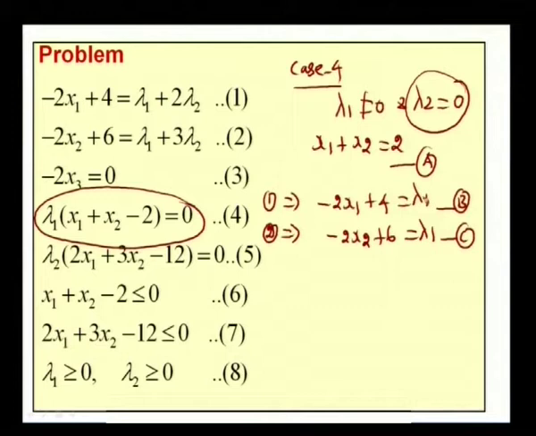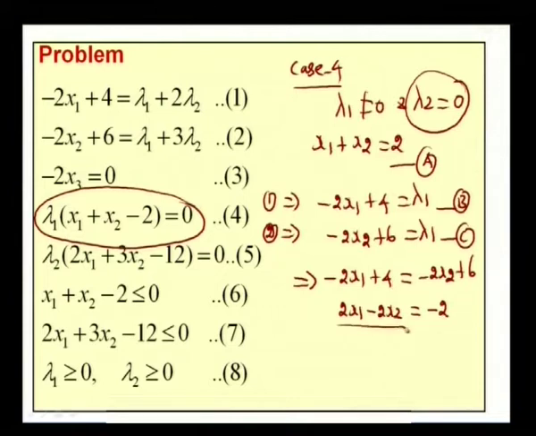Now, the right hand side of equation B and C is lambda 1. Therefore, the left hand side of B and C should be equal. So, from equation B and C, we have minus 2 x1 plus 4 equal to minus 2 x2 plus 6. Rewriting, we have 2 x1 minus 2 x2 equal to 4 minus 6, which is minus 2.